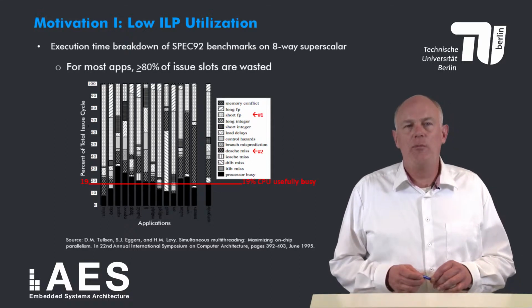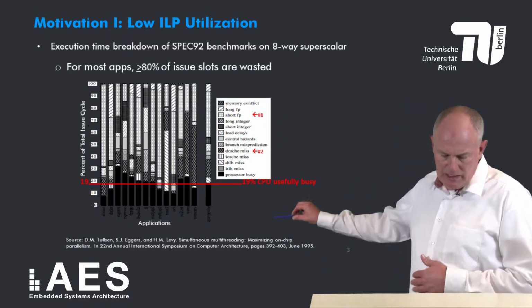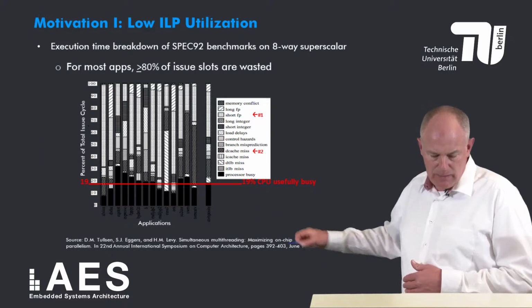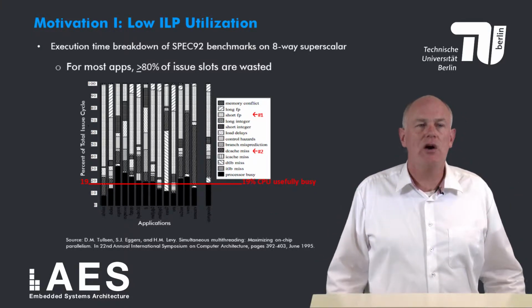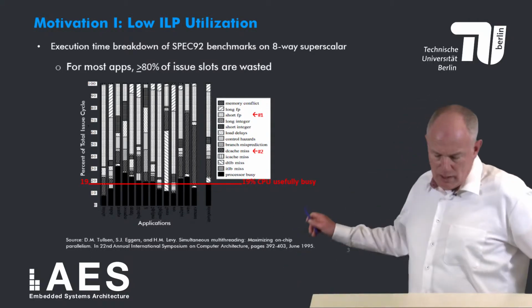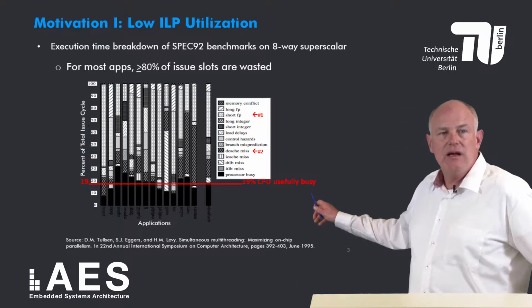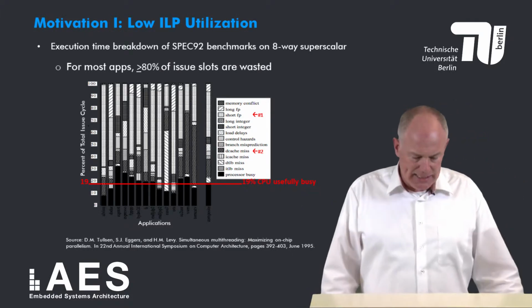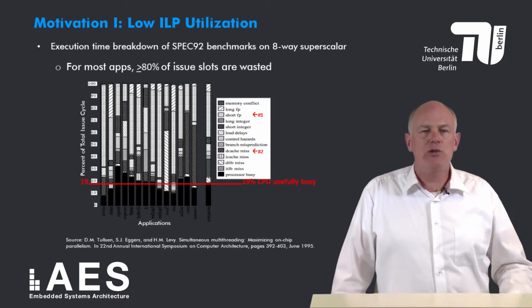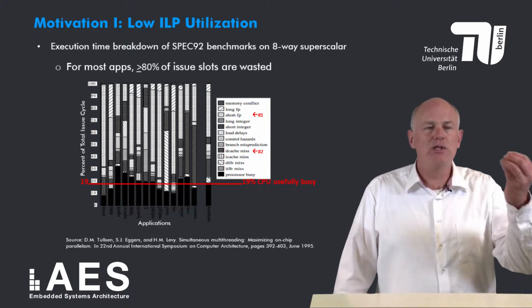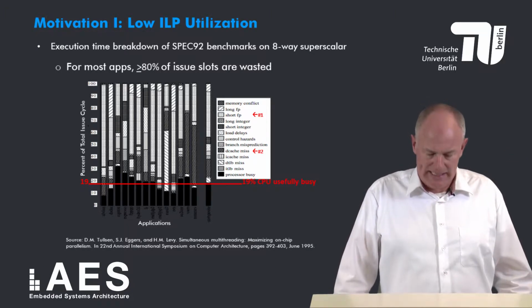And we see that for most applications, most of the issue slots are wasted. Only about 10% of the total execution time is the CPU really usefully busy executing instructions. So most of the time the processor is waiting.